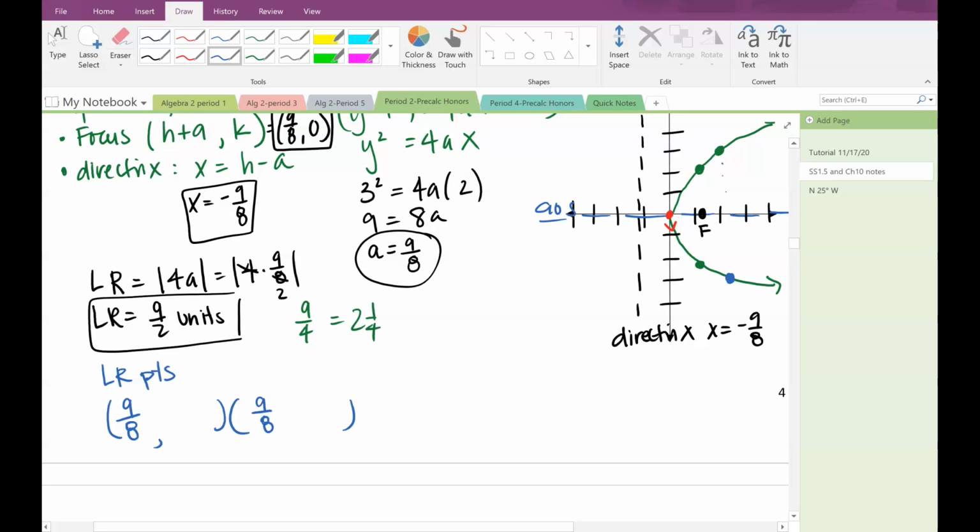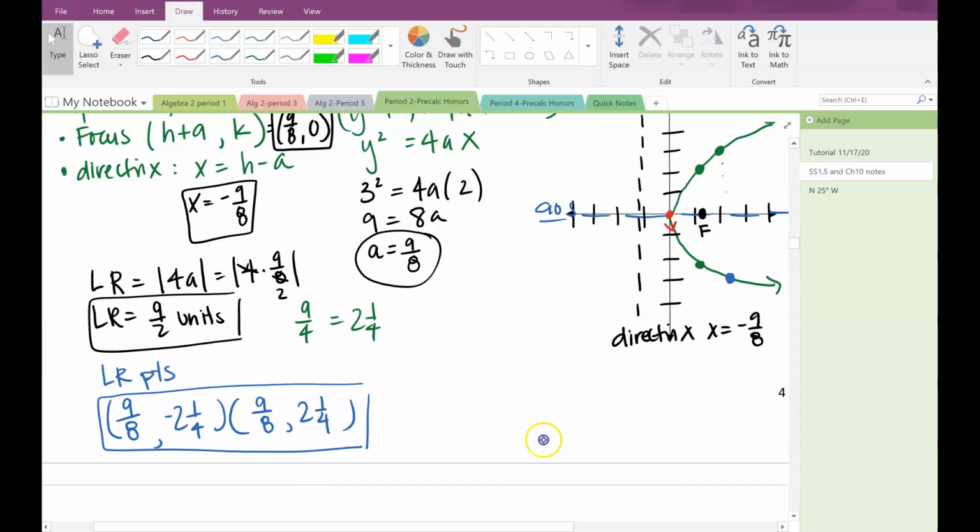Now all we have to do is add 2 1/4 to and subtract 2 1/4 from the y coordinate of the focus. While the focus is at 0, that's going to give us negative 2 1/4 and a positive 2 1/4. So those are our 2 points for the latus rectum.